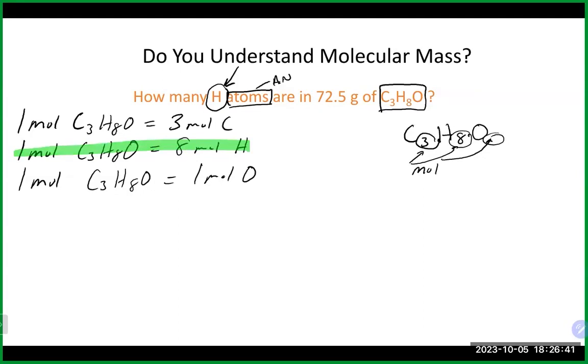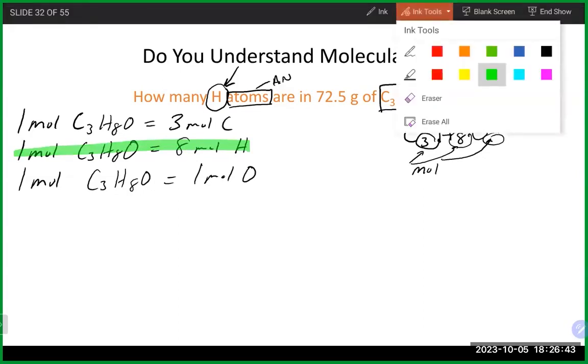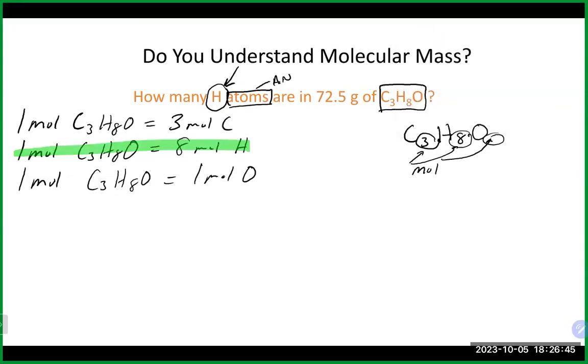That relationship is really a mole to mole relationship, which tells us for sure that we need to get our grams into moles so that everything cancels out. So we need to go from grams to moles of the whole thing. Then, once we have moles of the whole thing, we use the formula to go to moles of hydrogen.